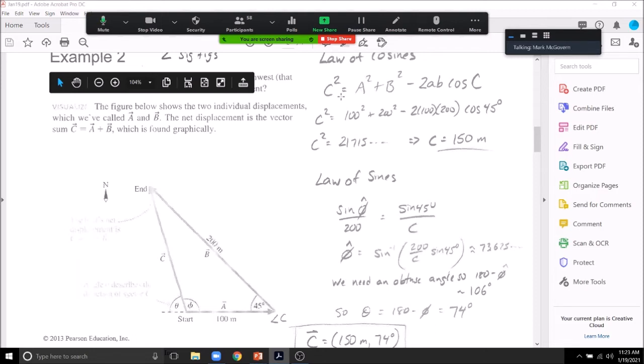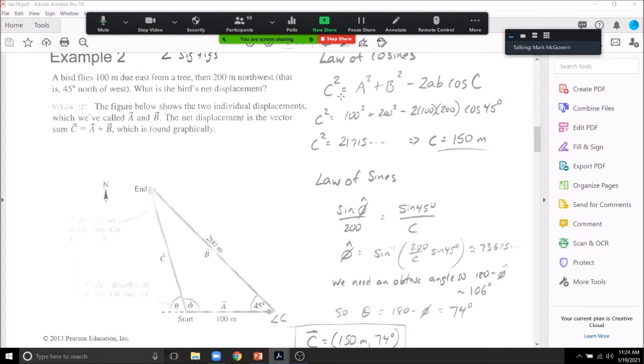Anyway, back to vectors. Got my side, 150 meters. That's my net displacement. Now I've got to know my angle. What am I doing here to get my angle? Well, I have two angles specified here. I have phi, which is also known as angle B. It's the angle opposite side B. So I'm going to solve for that one.